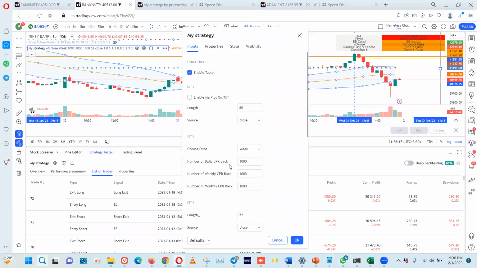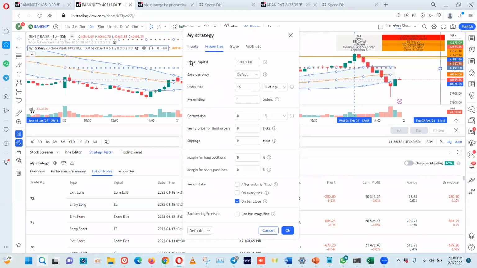This strategy is based on a few criteria, and here I can write my capital that can be used.